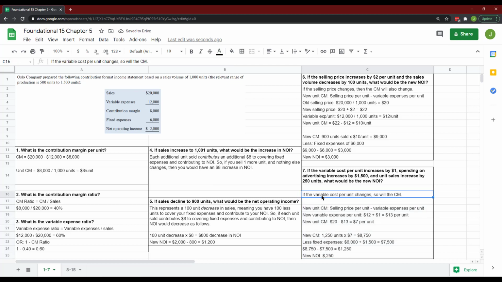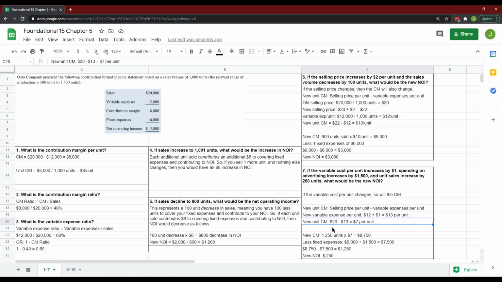So remember, if the variable cost per unit changes, so will the CM. So we need to redo that calculation. So the new unit CM would be our selling price per unit minus your variable expenses per unit. So we're going first to figure out the variable expense per unit. That was the original 12 plus the 1 gives us 13 per unit.